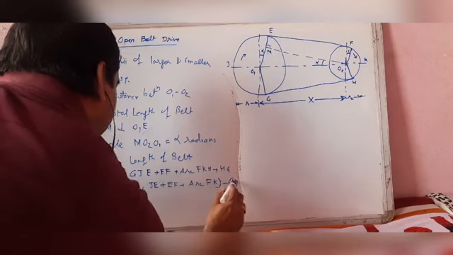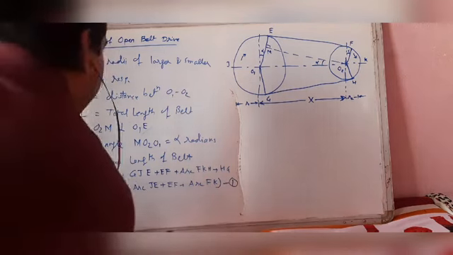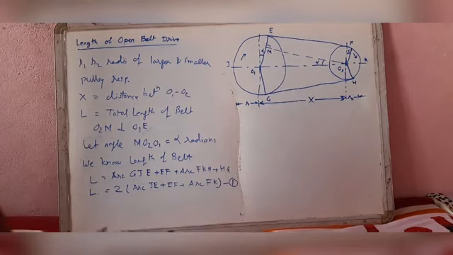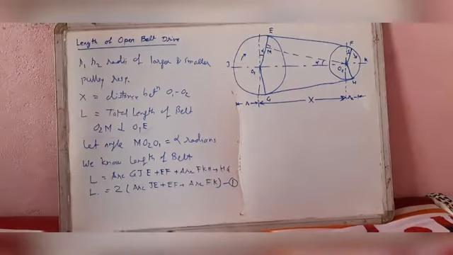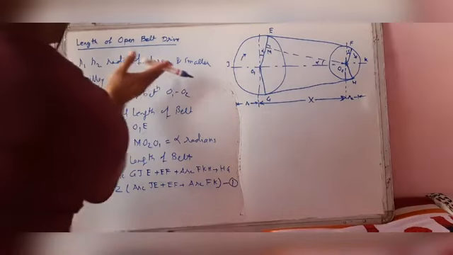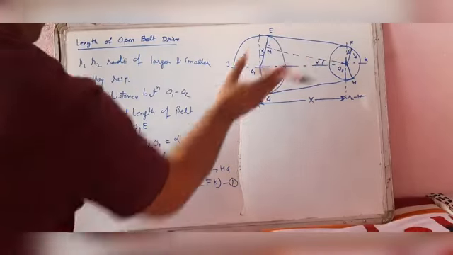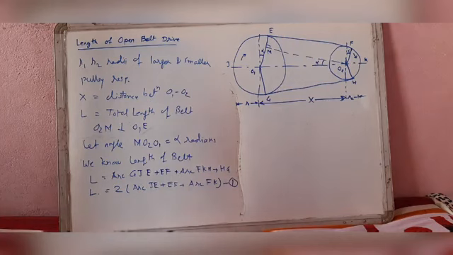This is equation number 1. Here 2 EF means EF and GH are twice, that is, if we take the half from the centers, then double of that.